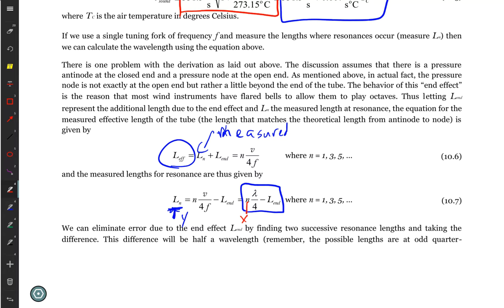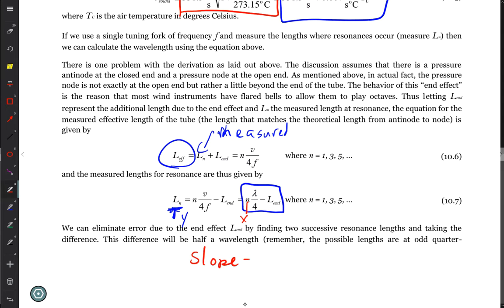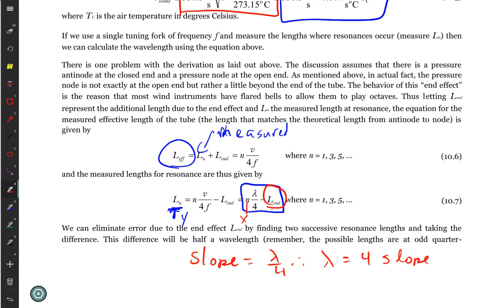So if you make a graph, and that's what you should do, of the measured length on the vertical axis and n, so n will be 1, 3, 5 as far as you got, on the horizontal axis, then the slope should equal wavelength over 4. Therefore, the wavelength should be 4 times the slope. And notice you can read from the y-intercept what the end effect was.